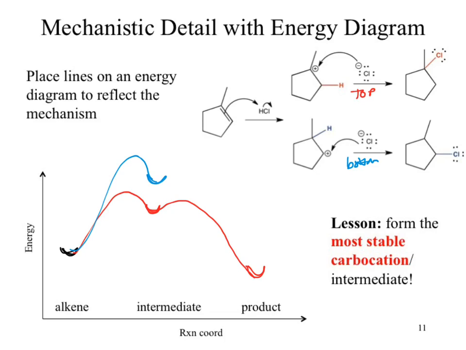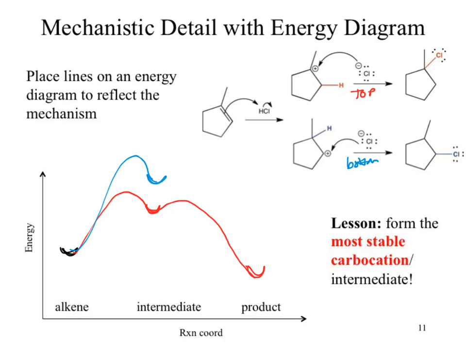Because it forms faster. It's not reacting faster. It's forming the carbocation. Okay? That carbocation is more stable, so it can form. Once it forms, that reaction can occur. Okay? You're looking at the energy diagram, not just raw energies of each of these structures.